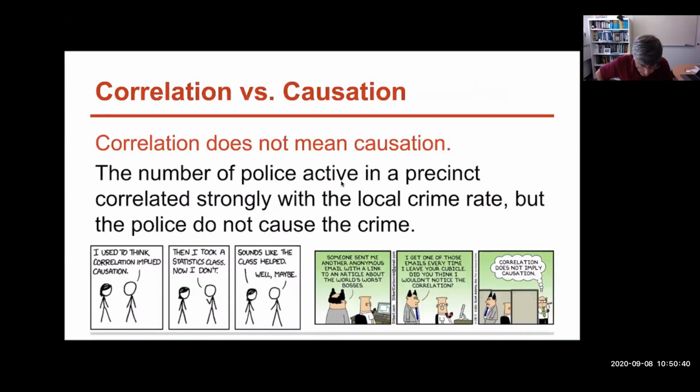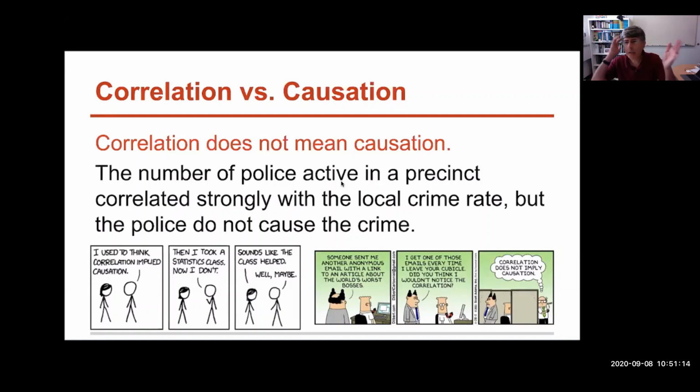One thing that is maybe the most important thing to know about correlation and causation is that correlation does not mean causation. A correlation is an observed relationship between two quantities. When there is a relationship, it could be that X causes Y, it could be that Y causes X, and it could be that X and Y are both caused by something else, right?